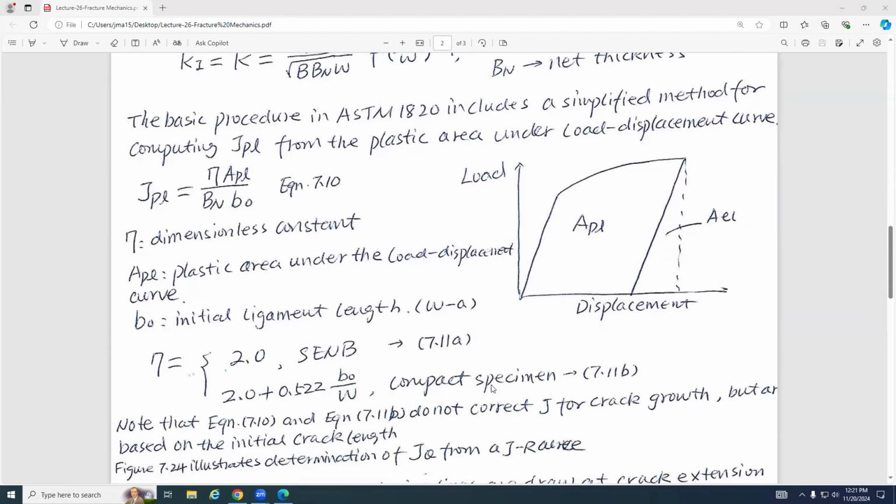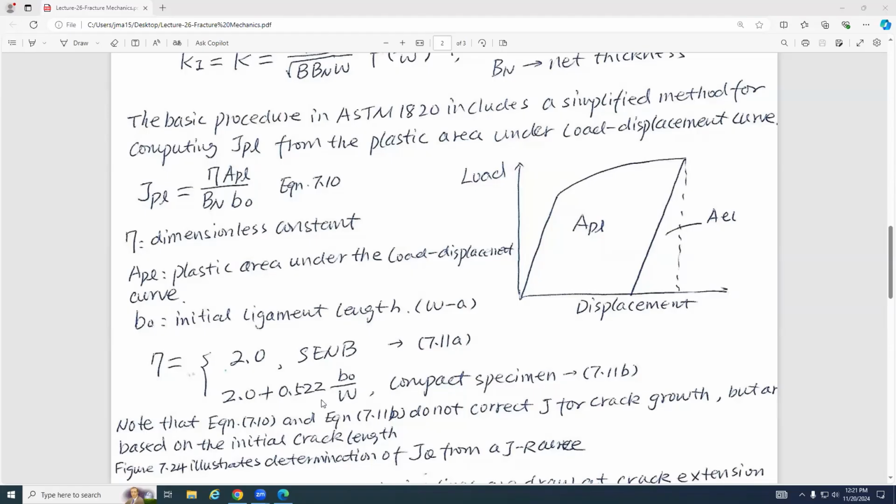However, if we use a compact specimen, as I said, a specimen we use in fracture modeling, then we use this equation to get the corresponding eta. And as I said, B0 is the initial ligament length, which equals W, the width, minus the crack length.